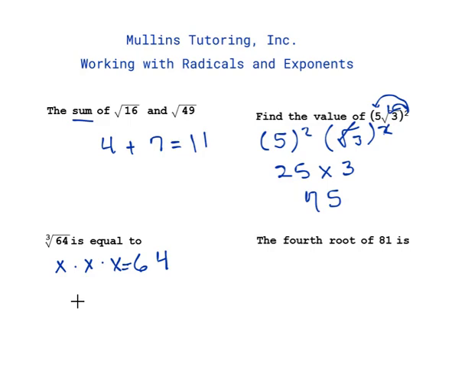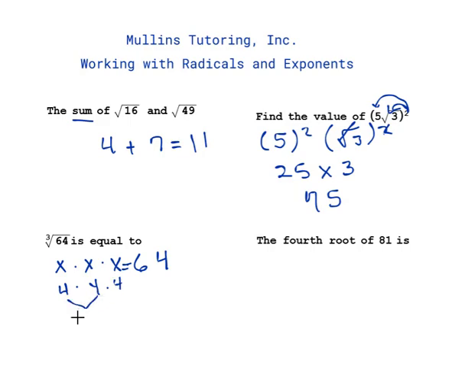So I want to look at this and try to figure out what number times itself 3 times is equal to 64. In the problem up above, we saw that 4 times 4 is 16. So let's try doing 4 times 4 times 4.